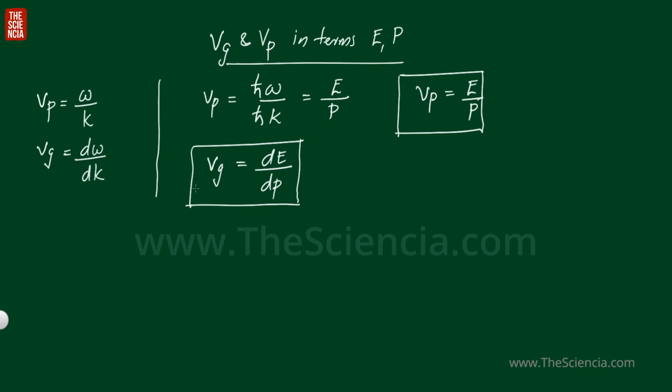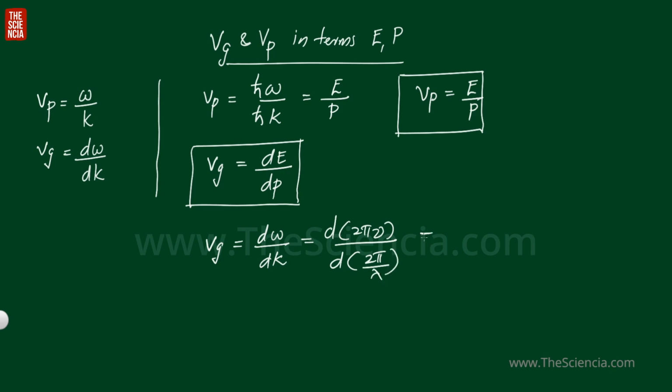And I can tell you one more equation for Vg. We know Vg is equal to d omega by dk, where we know omega is equal to 2 pi nu, and k is equal to 2 pi by lambda.